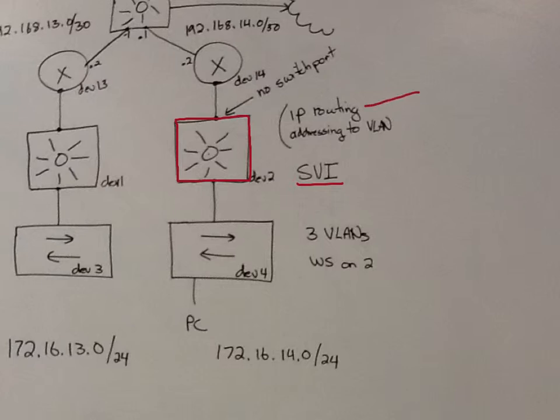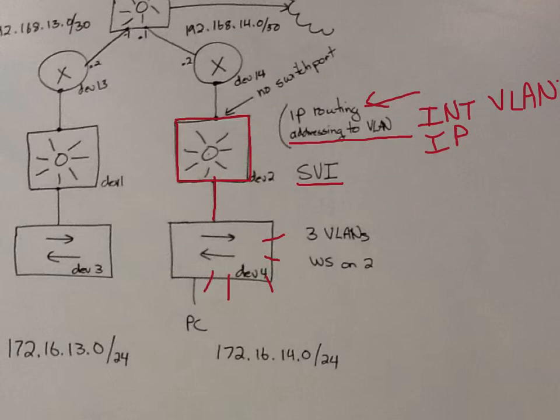In a multi-layered switch, you can turn on IP routing, and then you can actually create an interface for a VLAN, using the number of that VLAN, and then assign an IP address. So with this trunk between here, you can have multiple VLANs down here, and if a device needs to talk to a device on another VLAN, it would get switched and then sent back.